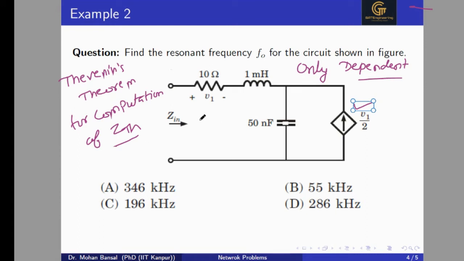In such a case, we consider one dummy current source of 1 ampere, or it's up to you: you can consider 10 ampere, 20 ampere, 30 ampere, or even 100 ampere source. But for easy computation, we usually consider a 1 ampere current source as a dummy source across the terminal.